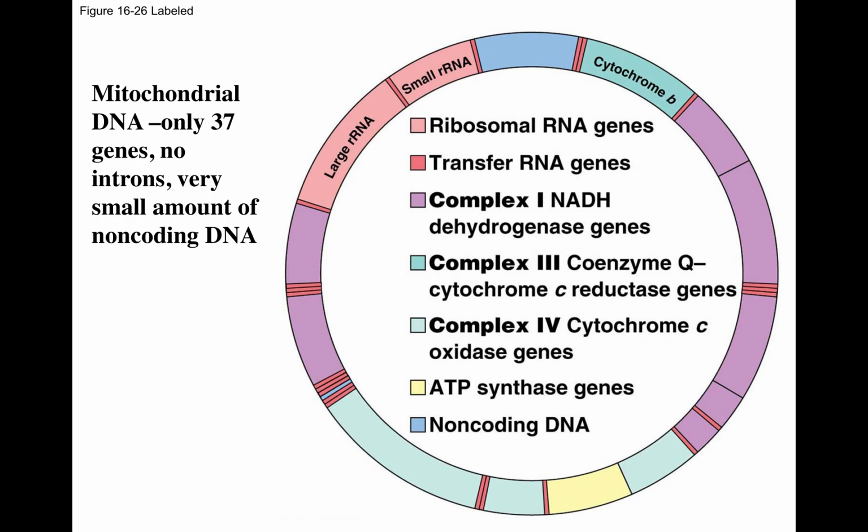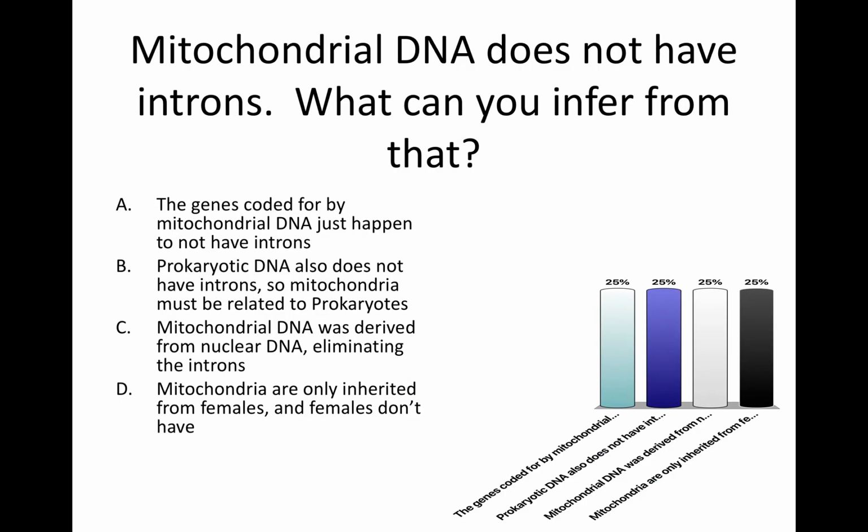So if you were able to assay all the mitochondrial volume in the cell, there will be several hundred copies, if not thousands of copies of the mitochondrial genome within that big network of mitochondria. Okay, H5P question for you.